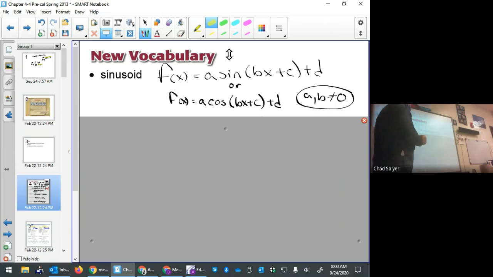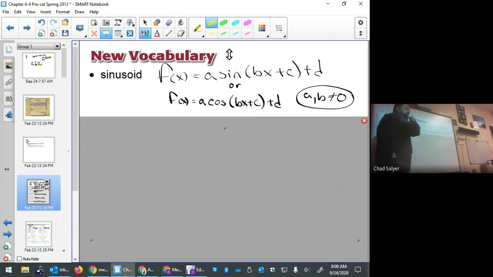is a times the sine of bx plus c as the argument, and then plus d outside the argument. So this is a transformed sine function, and you can also use cosine. So a times cosine of bx plus c in the argument, and then plus d outside the argument. A and b must not be 0.